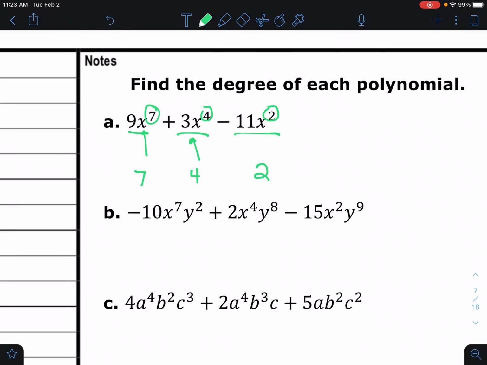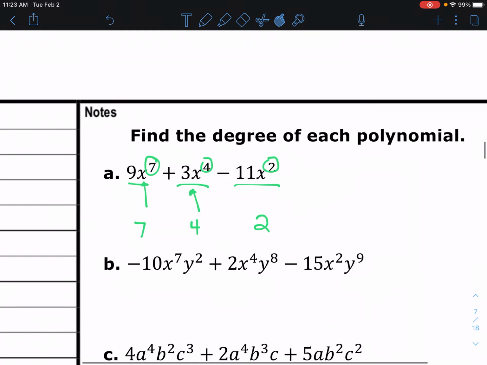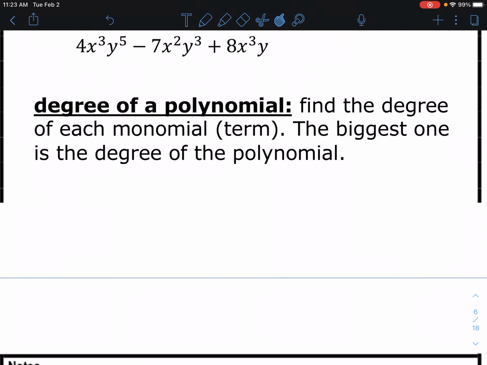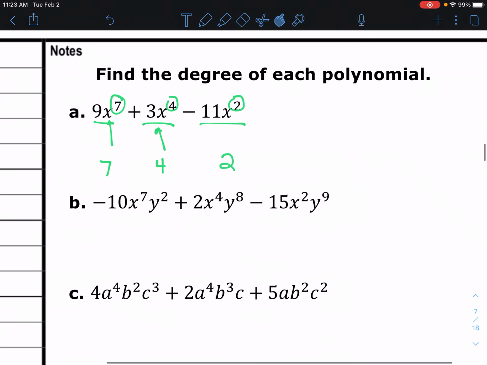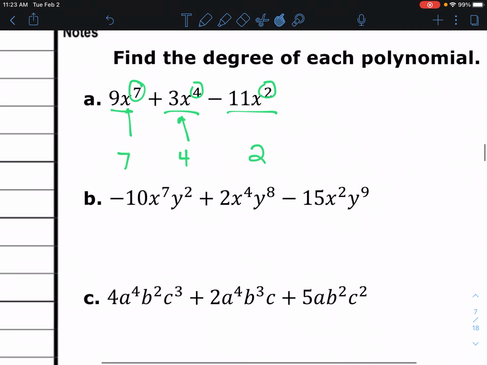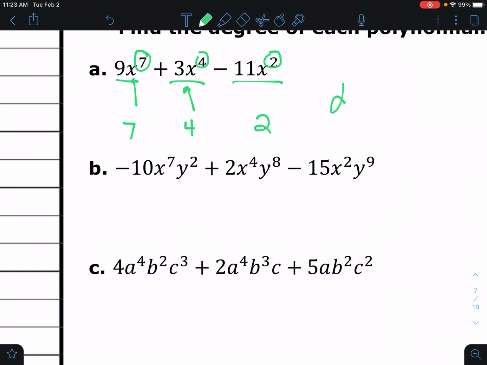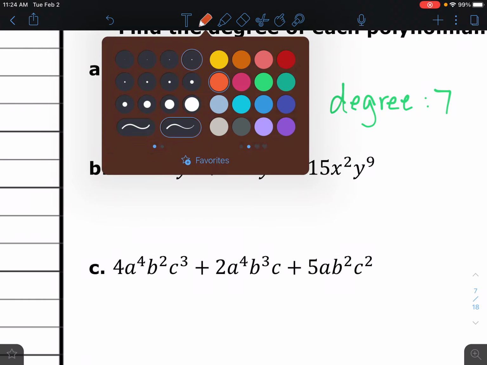Now, it says to find the degree of each polynomial. Up here it says it's the biggest one of those that you write down. So what is the degree of this polynomial? The degree would be 7, because that's the biggest one. So this is our biggest one, so degree 7, okay? And that's how you do those.